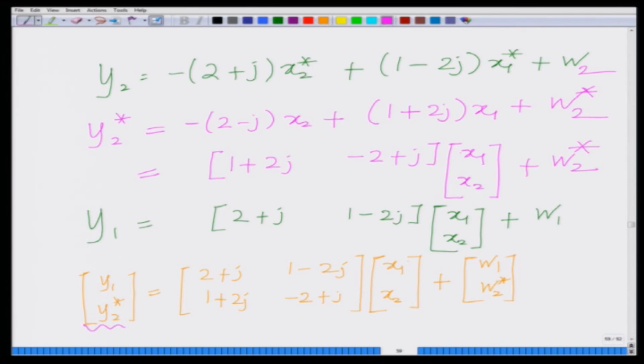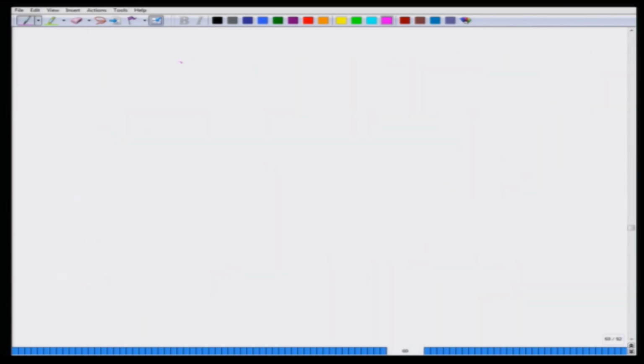This is my vector y bar, this is my 2 cross 2 matrix, this is my vector x bar, this is my additive Gaussian noise vector w bar, and these are my columns C1 bar, C2 bar.